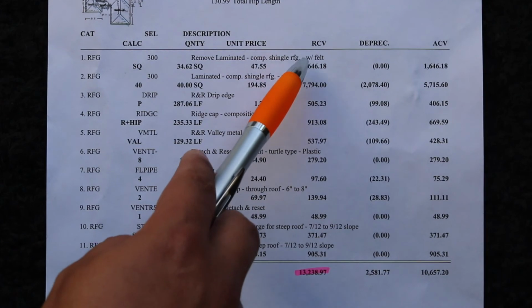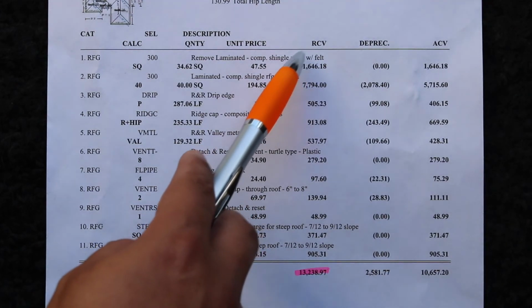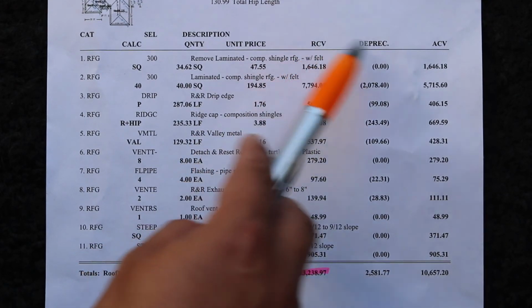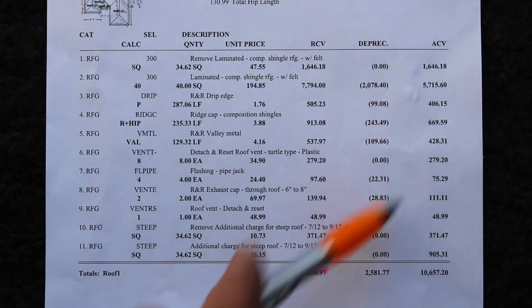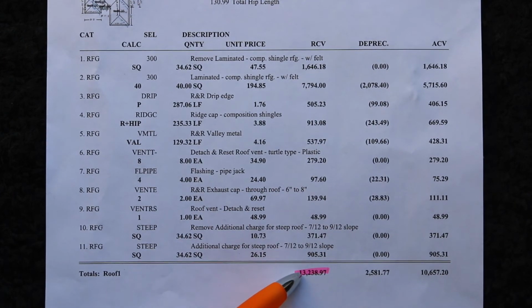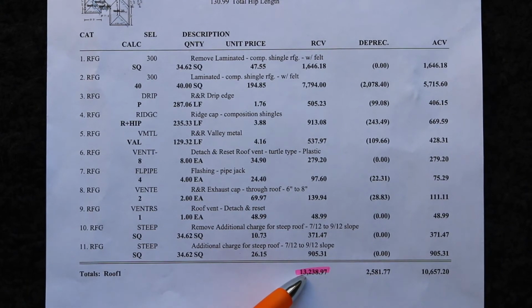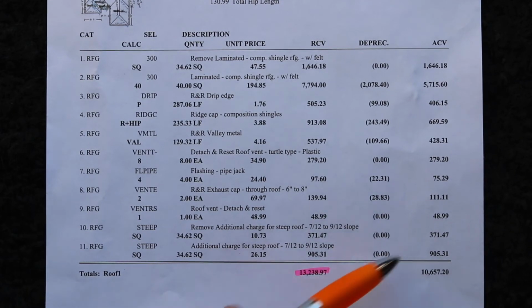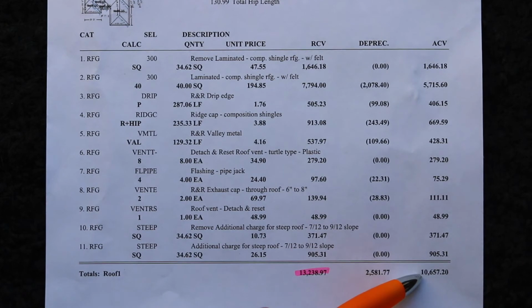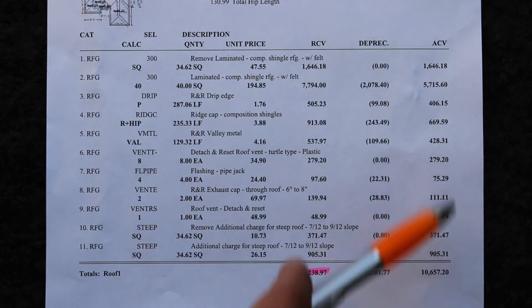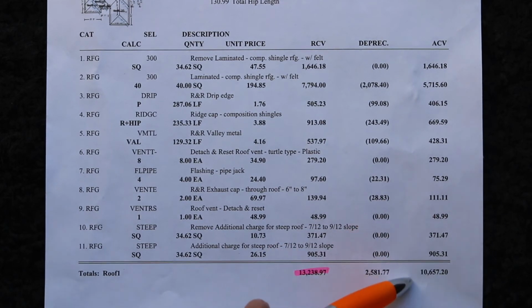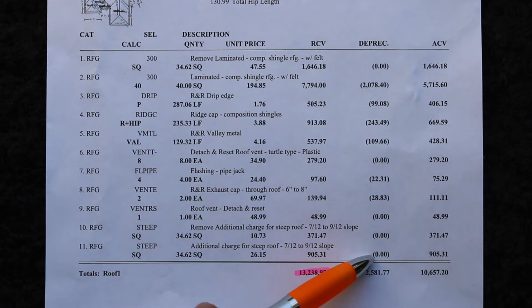If you look up here, remember we're describing replacement cost value and then actual cash value. This is the total cost, not including tax yet, for the roof, and it's the exact same amount we had on the previous page. This is the amount the insurance pays up front, $10,657.20, the actual cash value, minus the deductible.